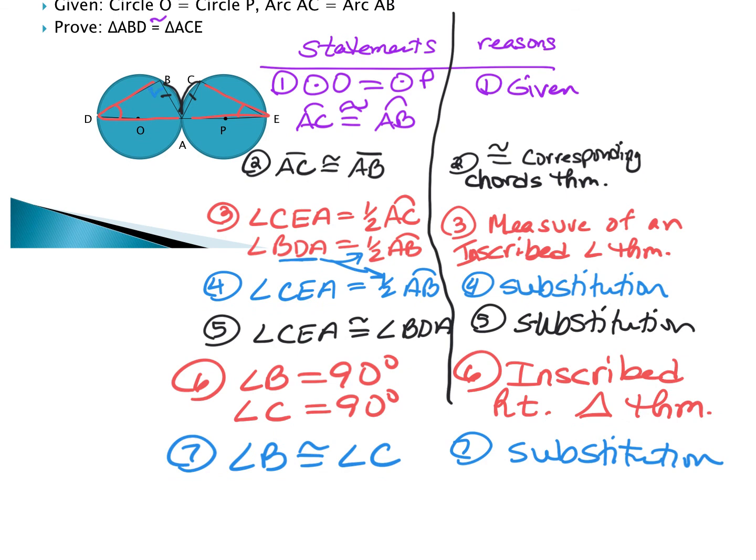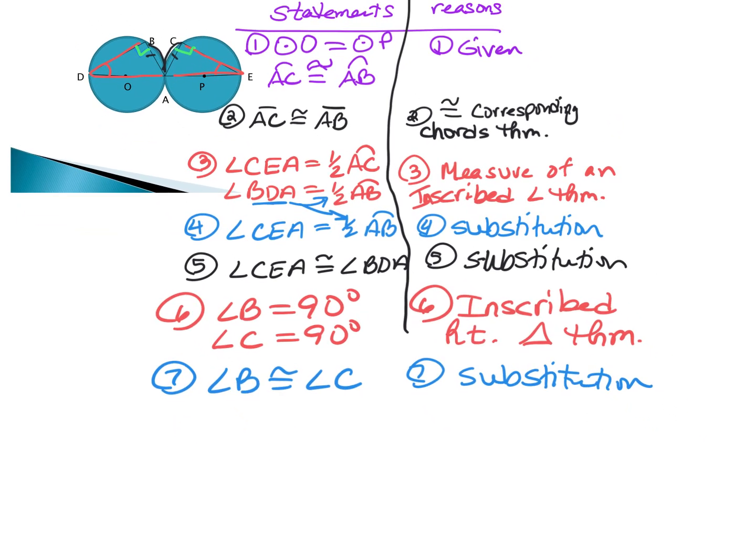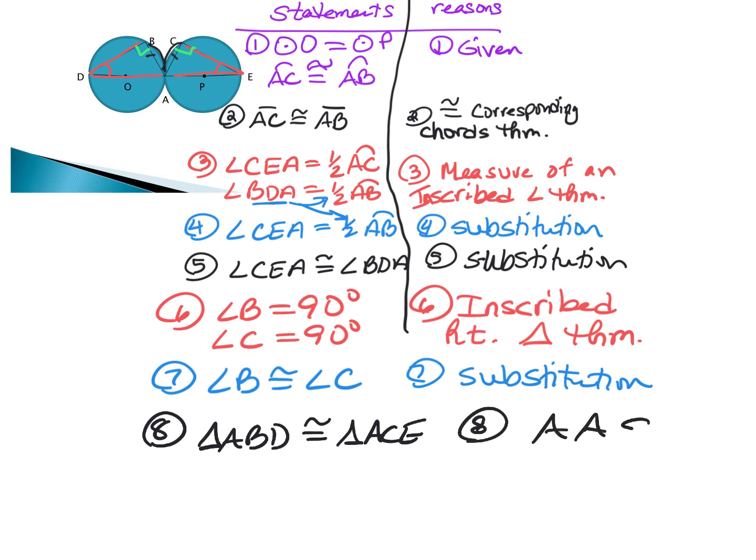So now I have two angles and the non-included side marked as congruent. So now I can state that triangle ABD is congruent to triangle ACE, and my reason is angle, angle, side.